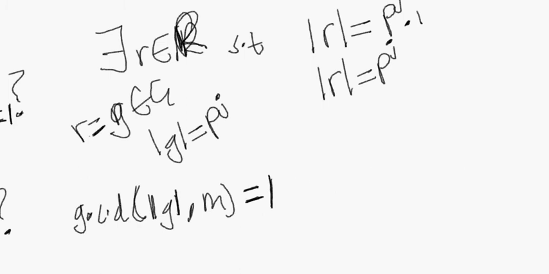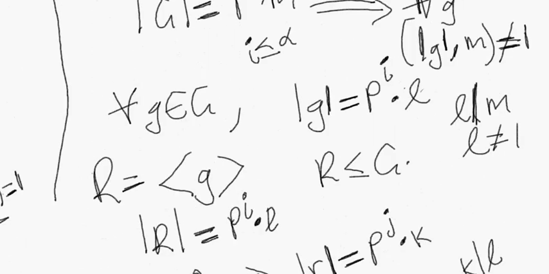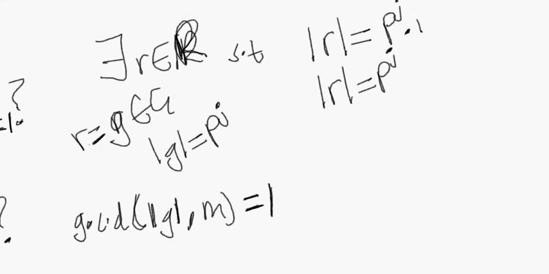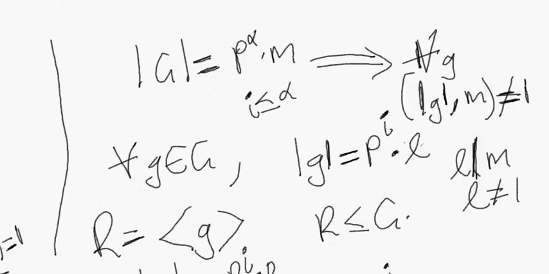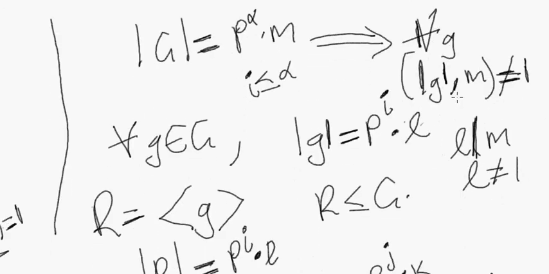Because we assumed that no element can ever have a GCD equal to 1. For every element of the group G, its order cannot be relatively prime to m. Isn't that what we supposed here, that for all g, the GCD of the order of g and m cannot equal 1?